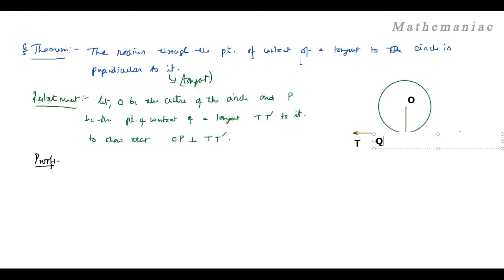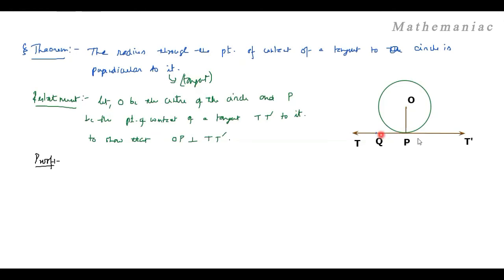So I consider the point Q here. Now try to make an observation. In this circle and this line, only one point is common. That is observation number one. Number two: the complete line TT dash, except this point, is lying exclusively in the exterior of the circle.